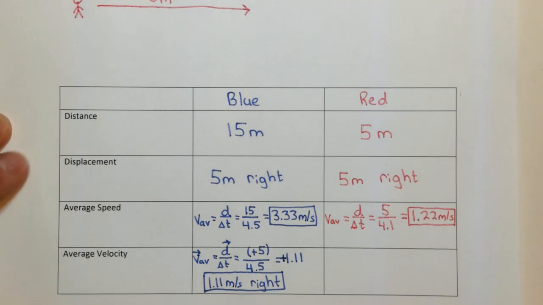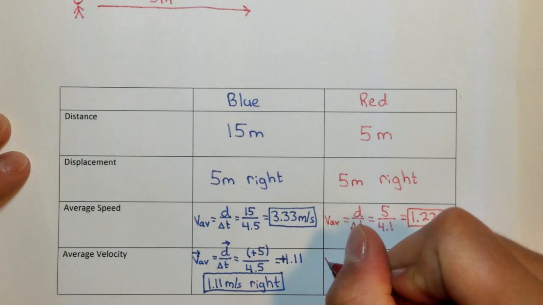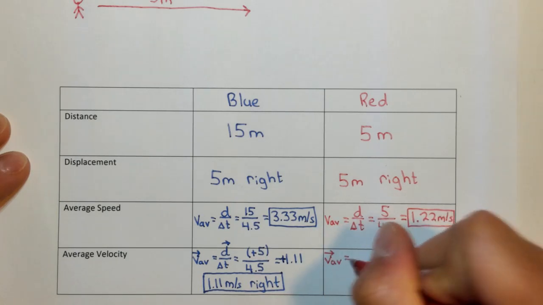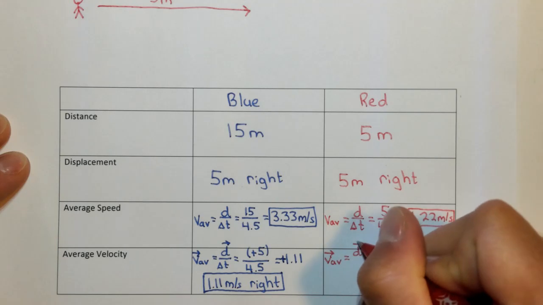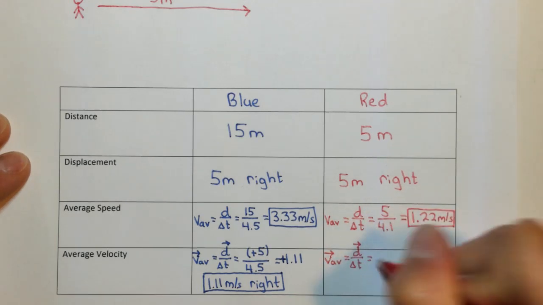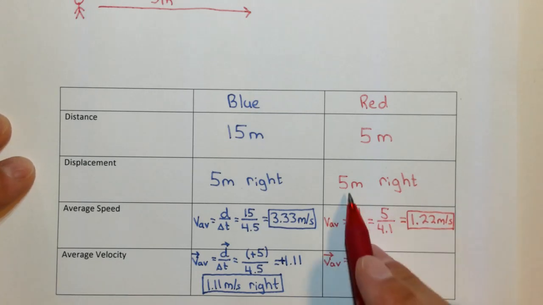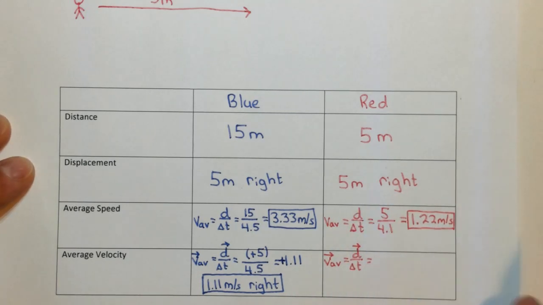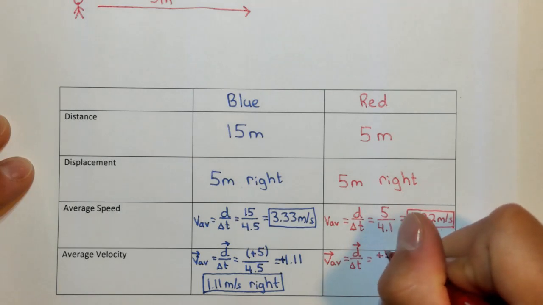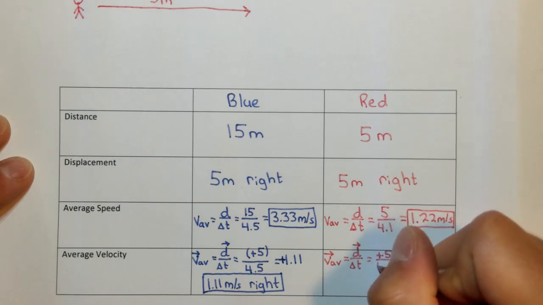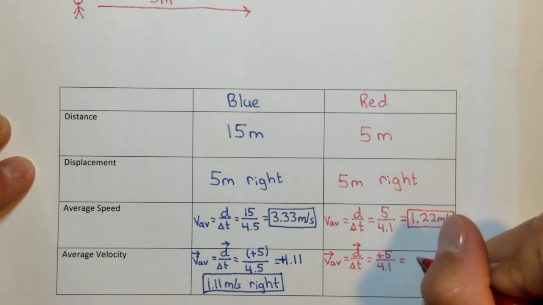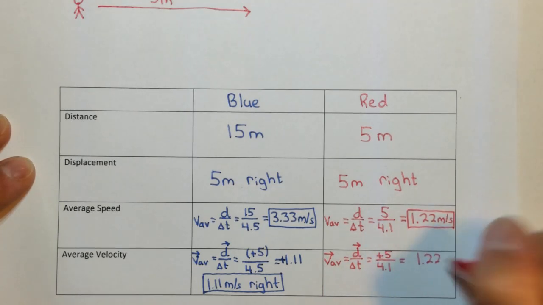Let's do red. Okay, average velocity is displacement divided by change in time. Red's displacement was 5 meters to the right, so positive 5. And red's time was 4.1 seconds, so that gives me 1.22, like we had before.